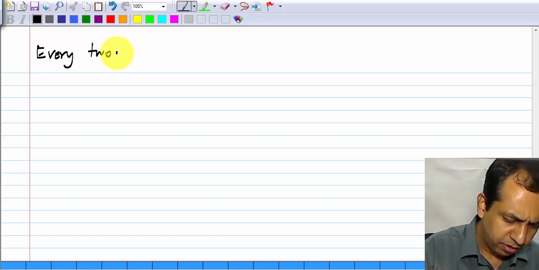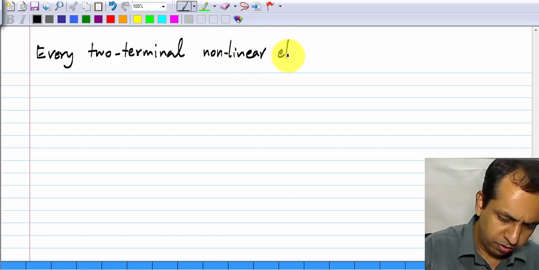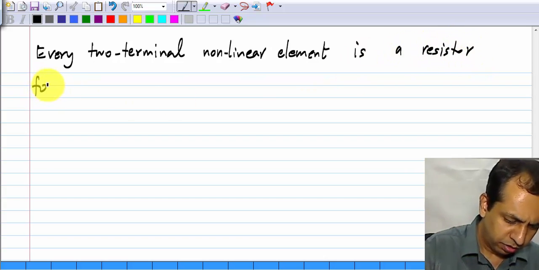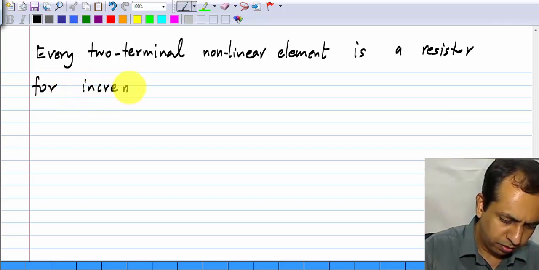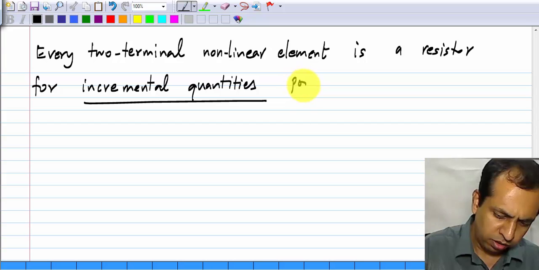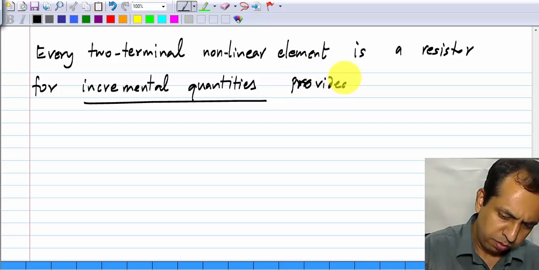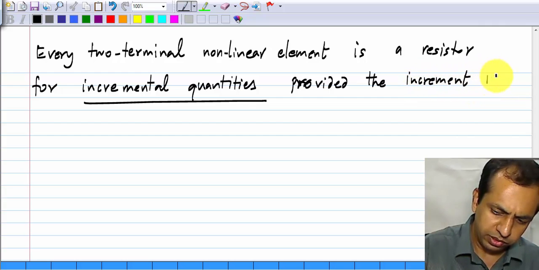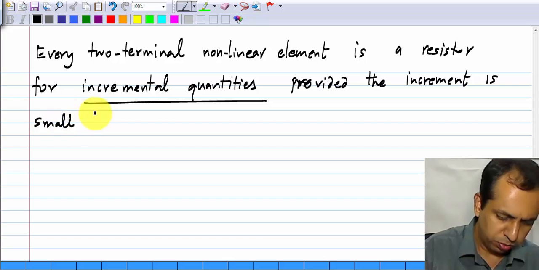So, every two terminal nonlinear element is a resistor for incremental quantities, provided the increment is small.